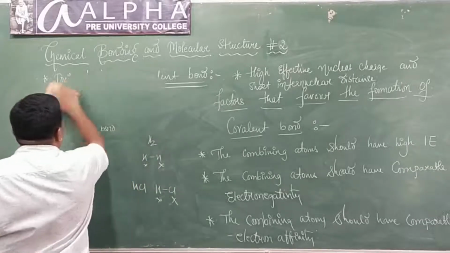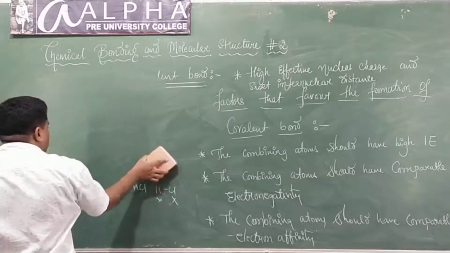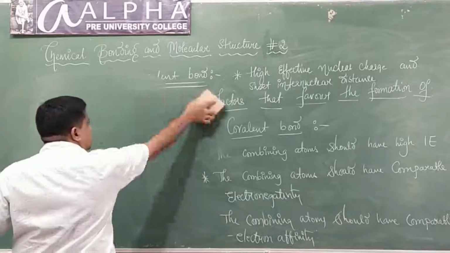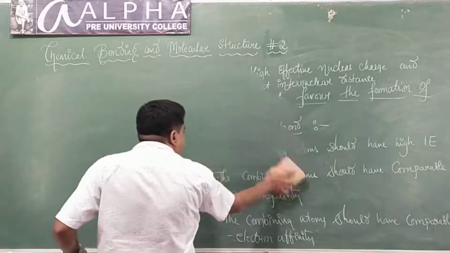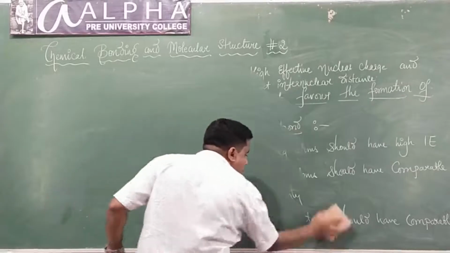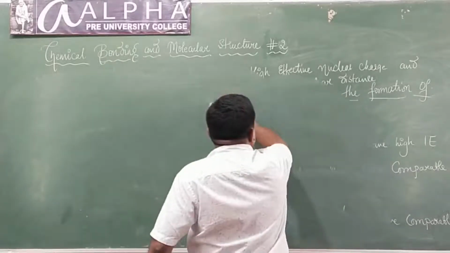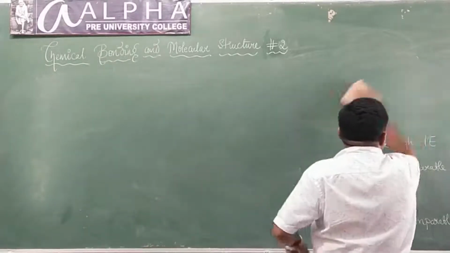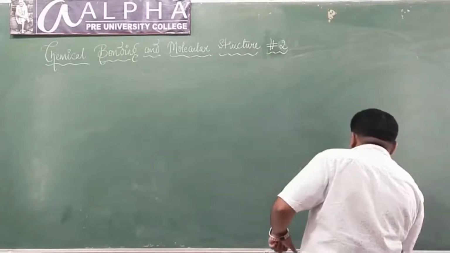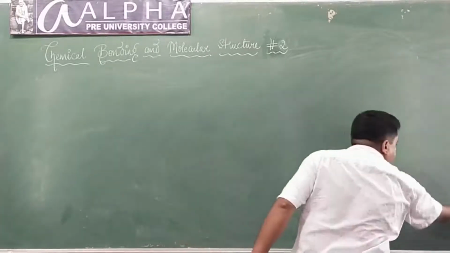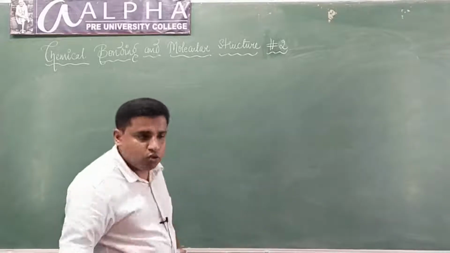Now, under ionic bond and covalent bond, we should learn a rule called Fajan's rule. What rule is it?